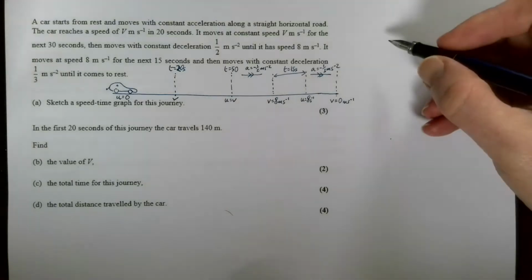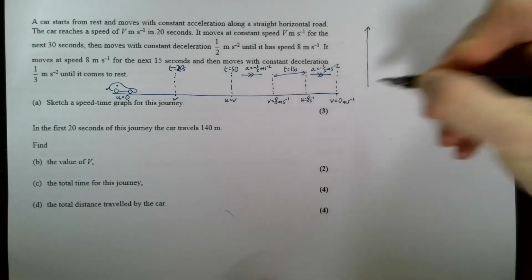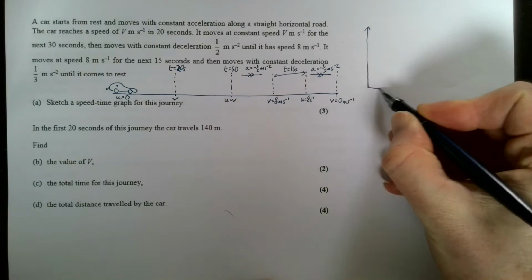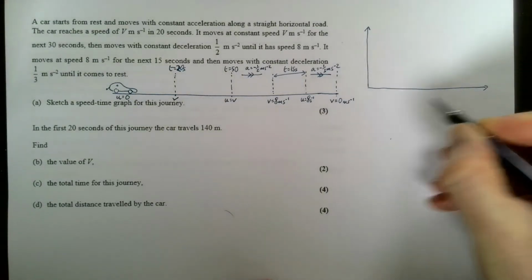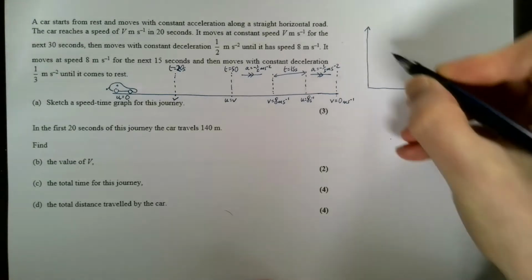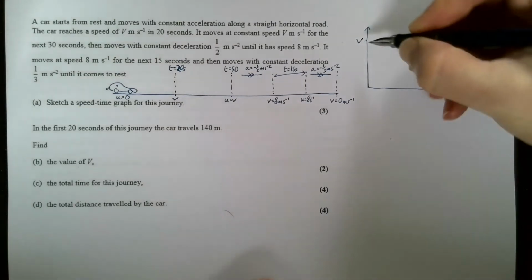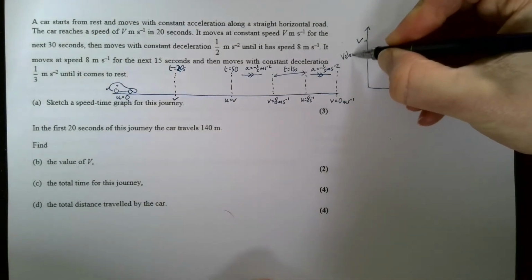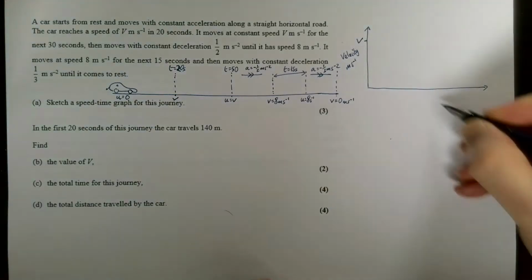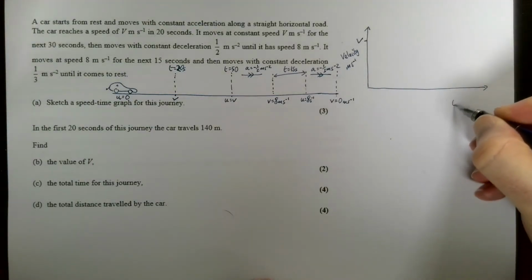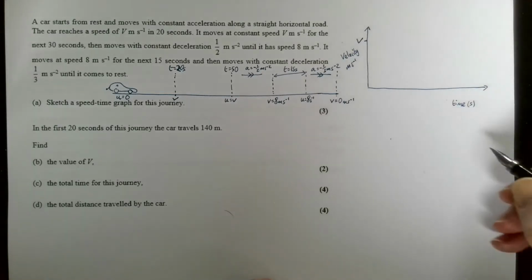There's slightly more than one way you can do this, but what's important is that you do show the timings with what you know along the bottom. So you could go 20, 50, or you could just show the regions in between. So we get up to velocity v, and I'm just going to write velocity in meters per second there, and time in seconds there.